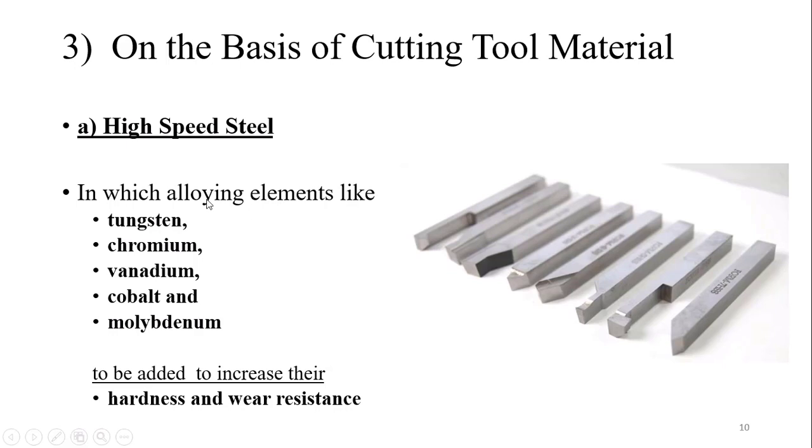See, this high speed steel is made up of tungsten, chromium, vanadium, cobalt and molybdenum. They have different percentages. We are not going into those percentages, but yes, it is made up of these kinds of materials. We increase the carbon to increase the hardness and wear resistance. Clear? We increase that through the carbon content.